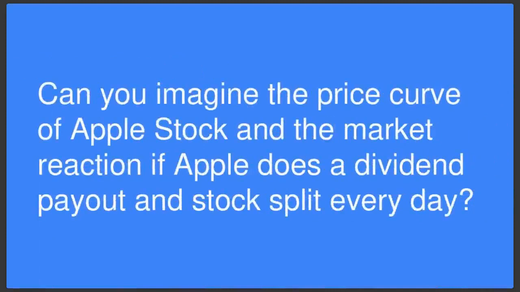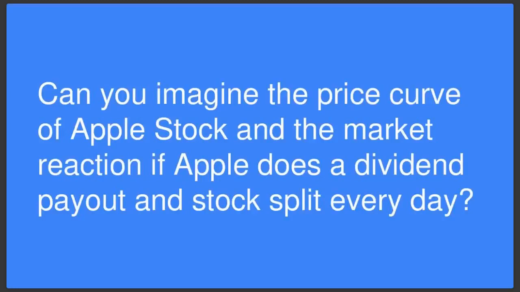Just to give you an example: if you do that, what would happen? Everybody knows Apple, right? However, if Apple did a dividend payout and a stock split every day, what would the price curve look like, and more importantly, what would the market reaction look like?